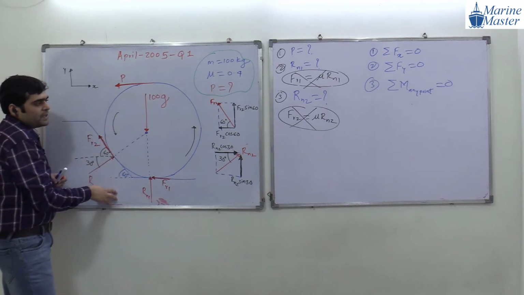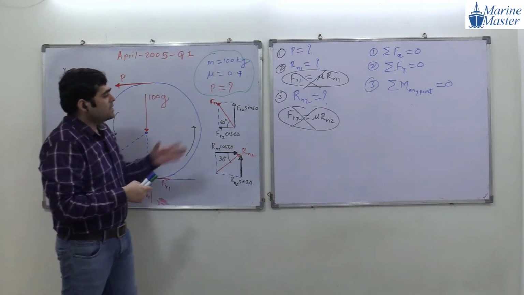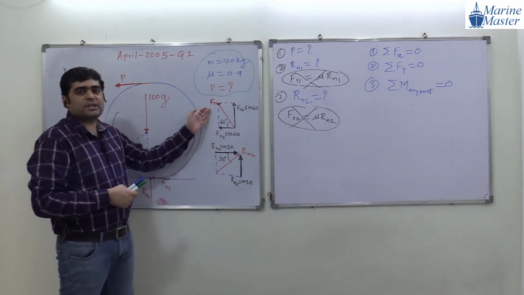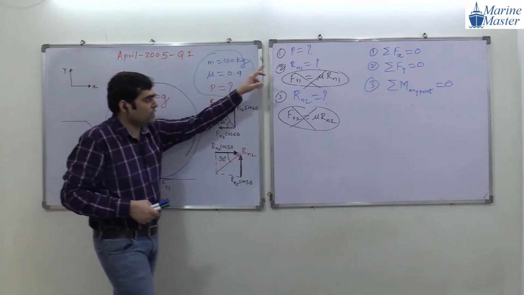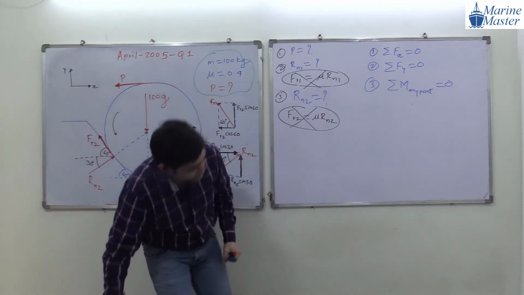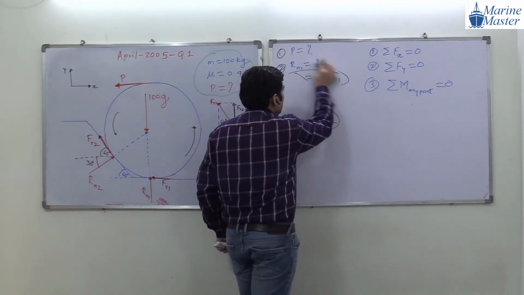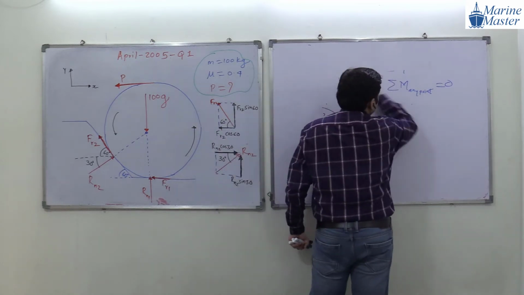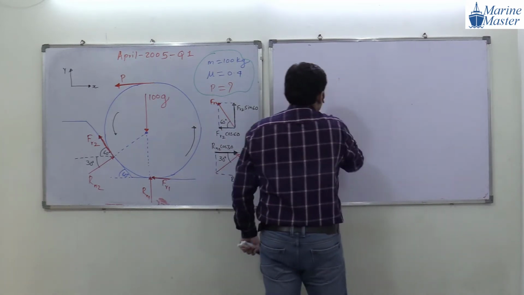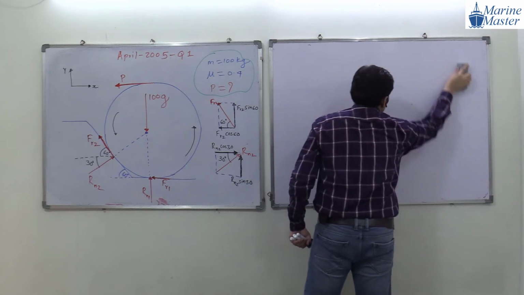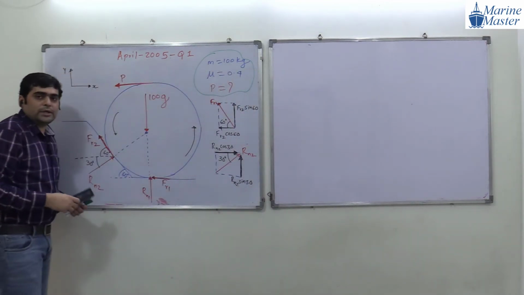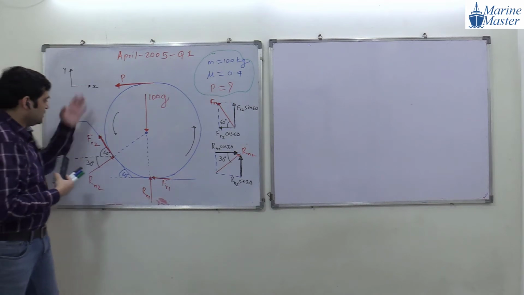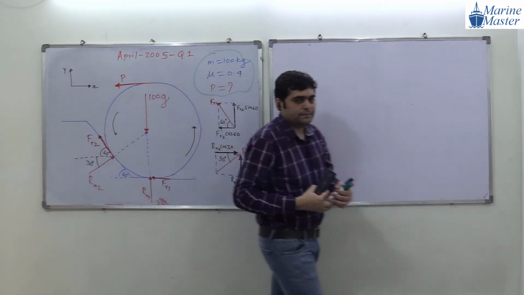After completing the drawing, draw the drawings of this component: first, second, third. Don't write anything on this board, guys. I am rubbing this out, we don't need it. Any doubt in this discussion, guys? You got the flow of the scenario. Everyone, please complete and write down all these things.